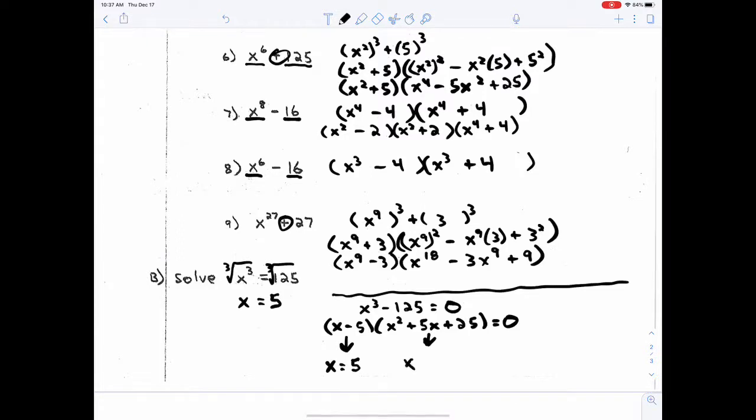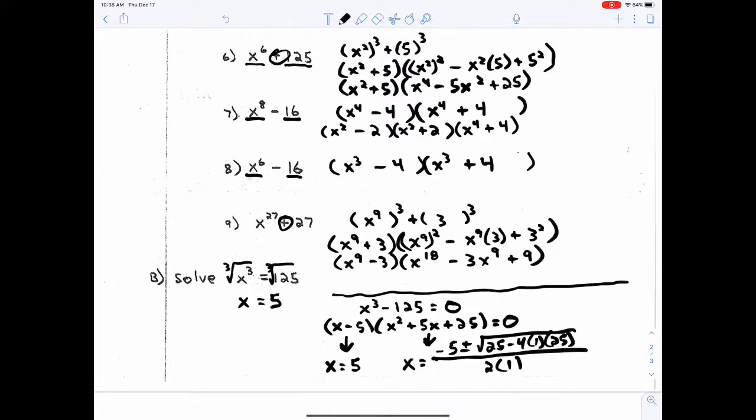So we have x would be negative 5 plus and minus the square root of 25 minus 4 times 1 times 25, all over 2 times 1.